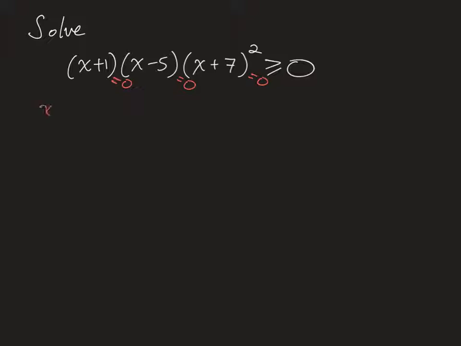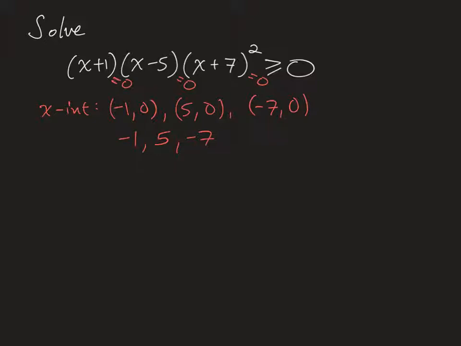So we know we're going to have x-intercepts at -1, 0, 5, 0, and -7, 0. Or you might be able to, in some sort of online homework management system, write these out just as the values here, -1, 5, and -7.